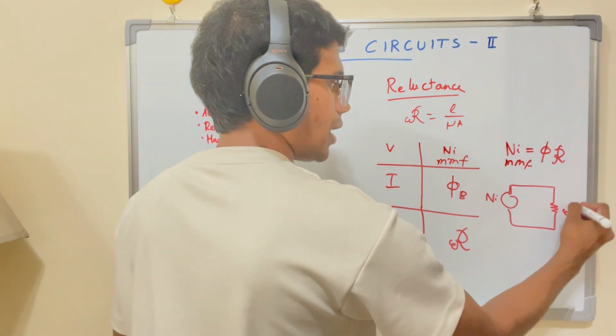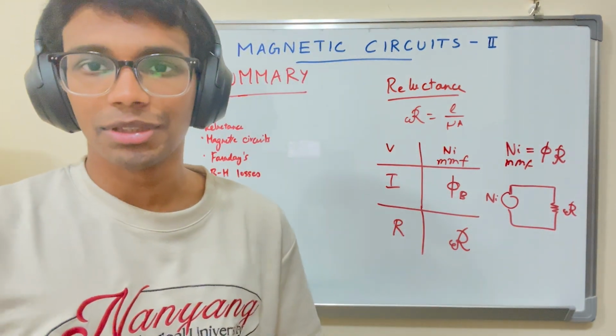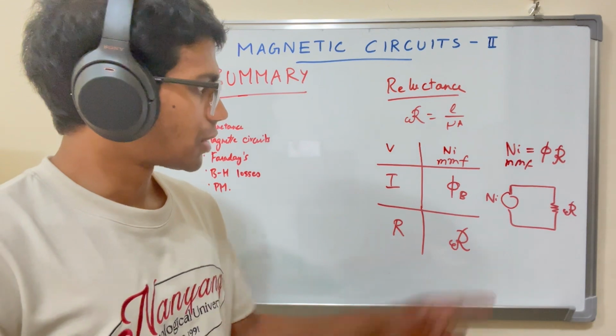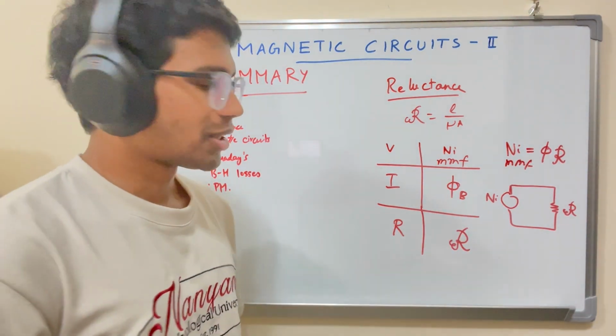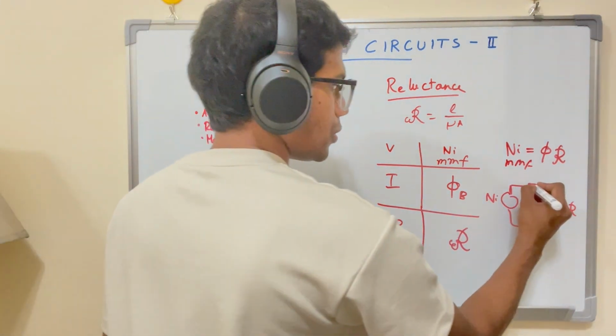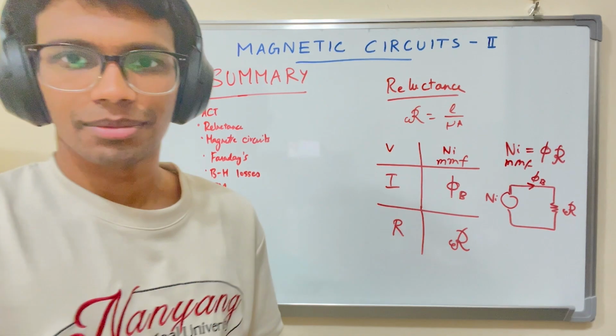The resistance is analogous to the reluctance; resistance opposes the flow of current, and the reluctance opposes the flow of the magnetic flux. And magnetic flux is what flows in the magnetic circuit, similar to current in an electrical circuit.